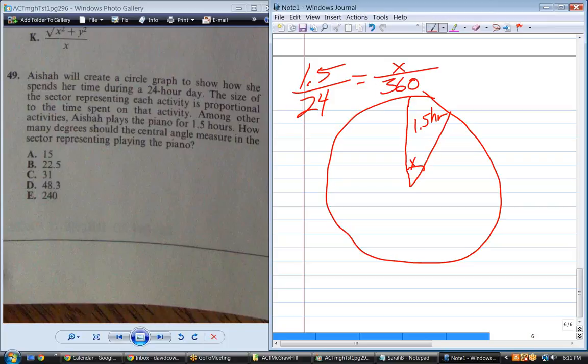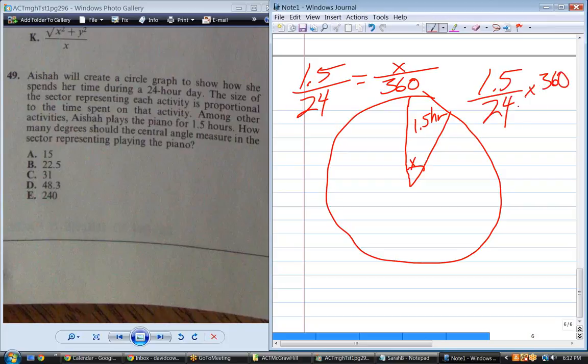Would it work if you divided 1.5 by 24 and then multiplied it by 360? Yeah, you could do that. It doesn't go in an even number of times, does it? No, for the calculator, okay, here's my question though, because that's how I did it. And the answer I got is one of the answers on the paper. 22.5? Yes. That's it. Okay, I just didn't know if this was one of their trick answers for when you do it wrong, but the answer's in. What exactly did you do on your calculator? So I just took 1.5 by 24, and then I multiplied that by 360.